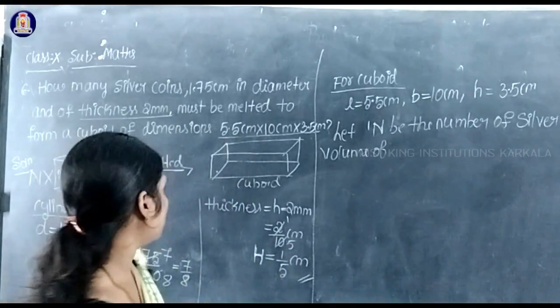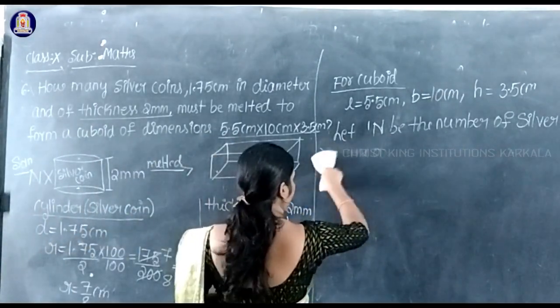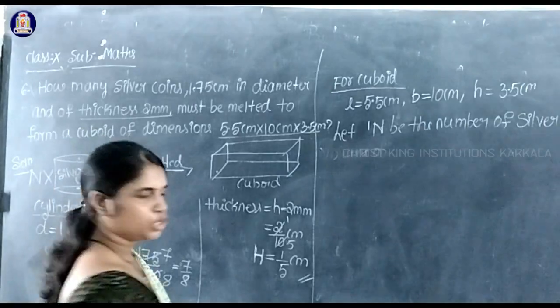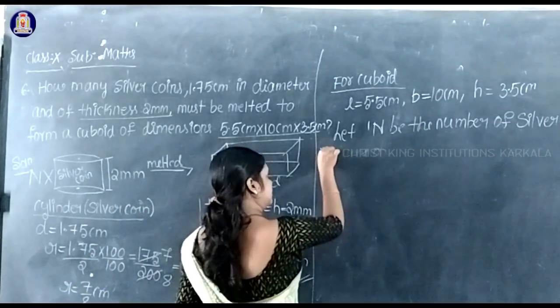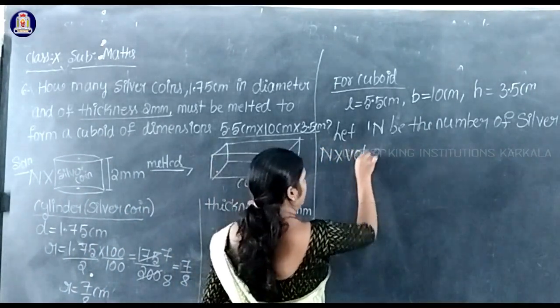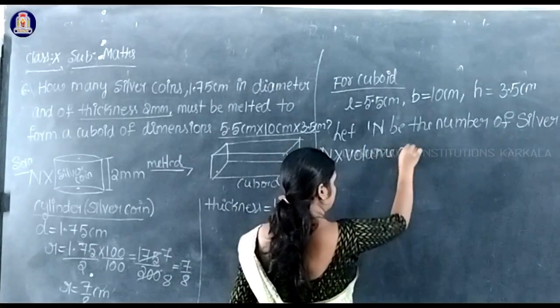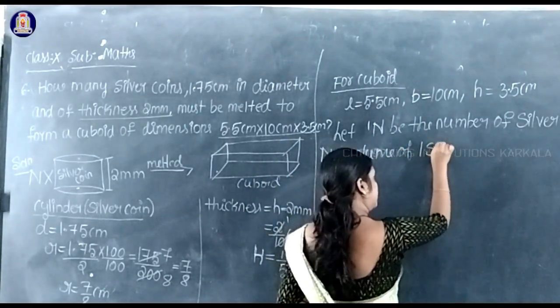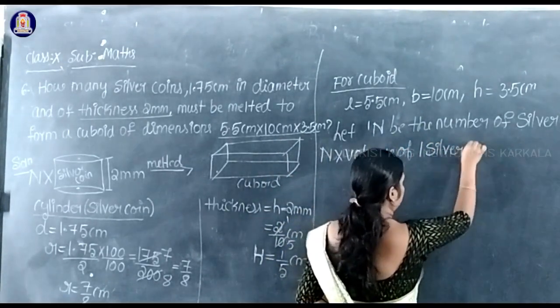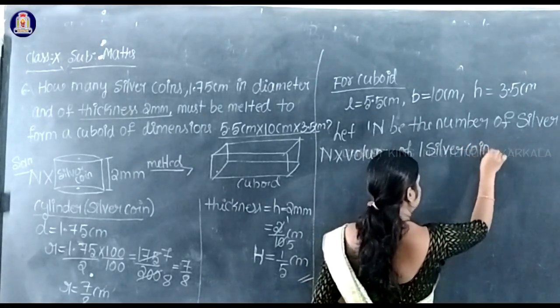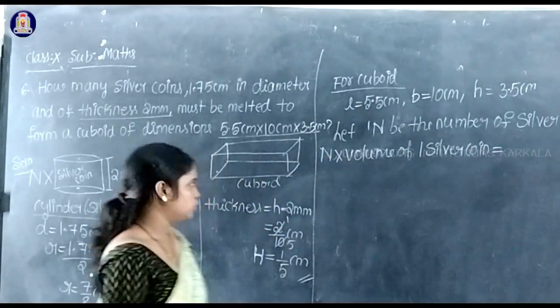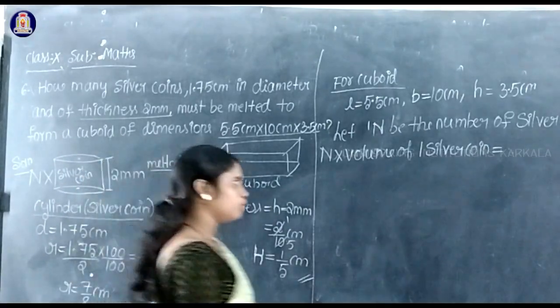Because there are n number of silver coins, n into the volume of one silver coin is equal to the volume of the cuboid.